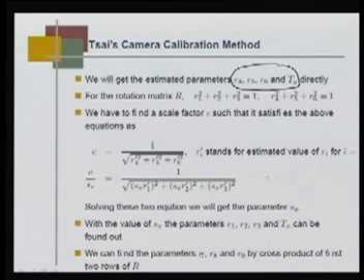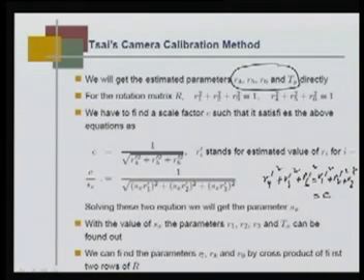The assumption here is that r4 dash square plus r5 dash square plus r6 dash square, and r1 dash square plus r2 dash square plus r3 dash square, is C. By assuming that, we now have the estimate of this, which is C.